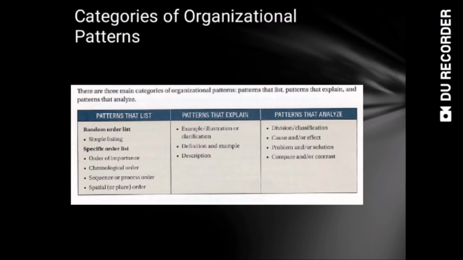Categories of organizational patterns. There are three main categories of organizational patterns. Patterns that list: random order lists, like simple listing, and specific order lists, like order of importance, chronological order, sequence or process order, and spatial order.